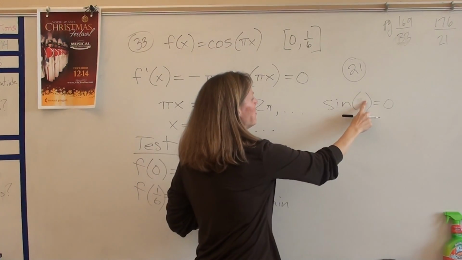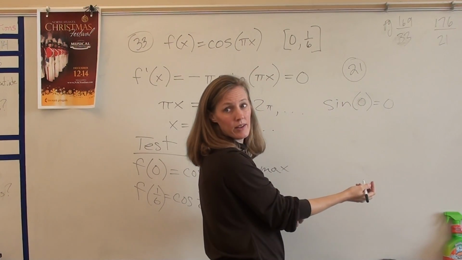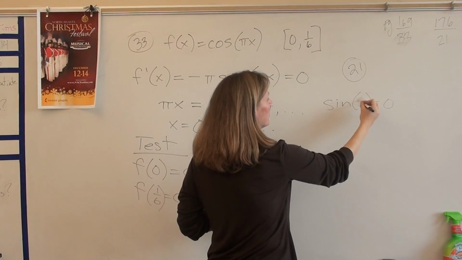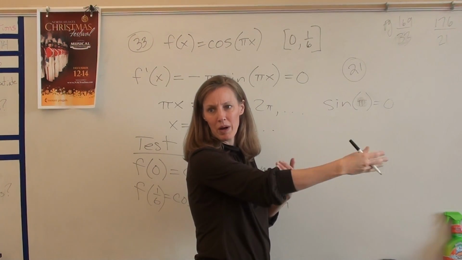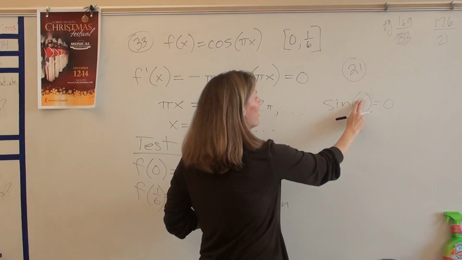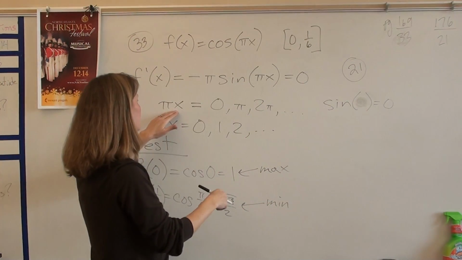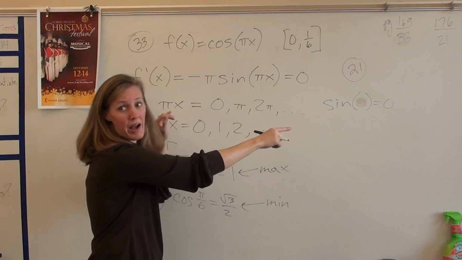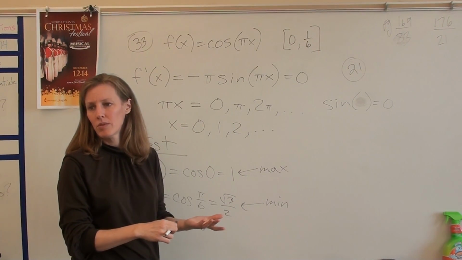Then if whatever is there is 0, sine of 0 is 0, right? If it was pi, sine of pi is 0, right? Sine is 0 at all the multiples of pi, right? So whatever is in here, we want that to equal all the multiples of pi, because that's where sine equals 0, right?